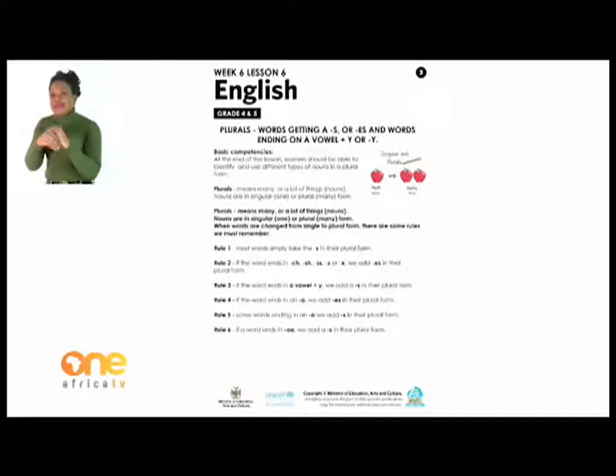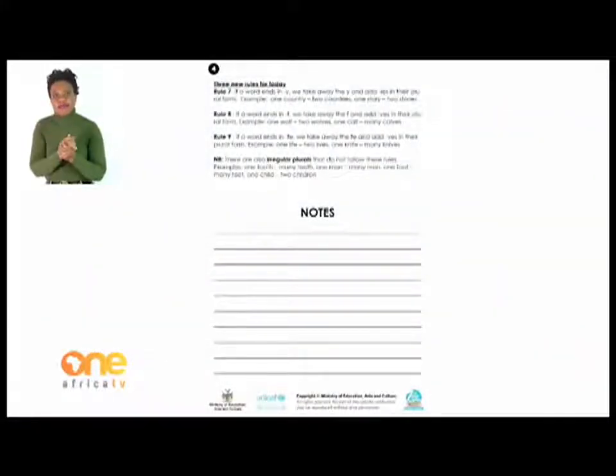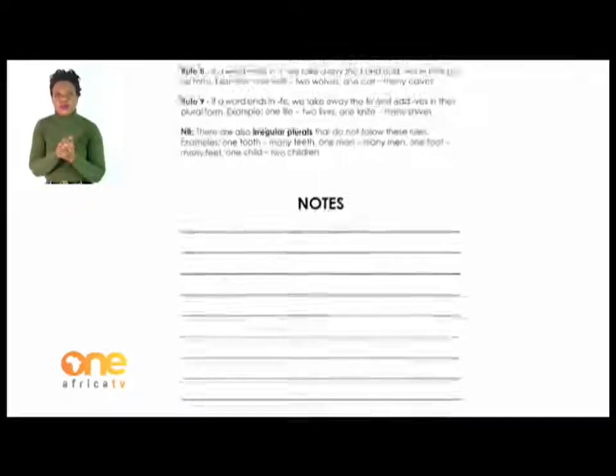Let's turn our books to page 4. That's where we are having today's lesson. There we are having 3 new rules for pluralizing nouns. We'll continue from where we left.